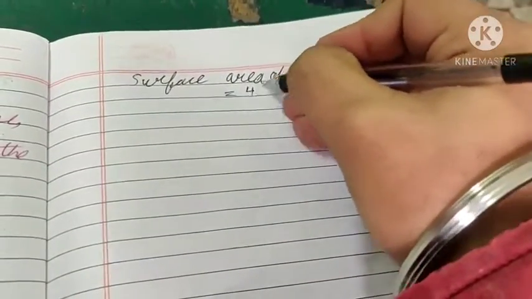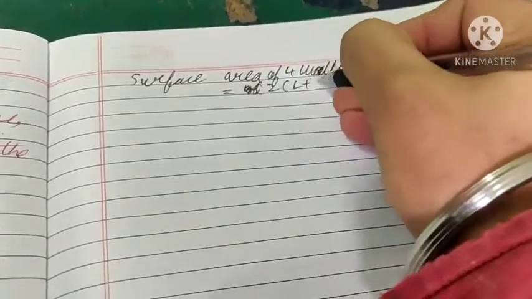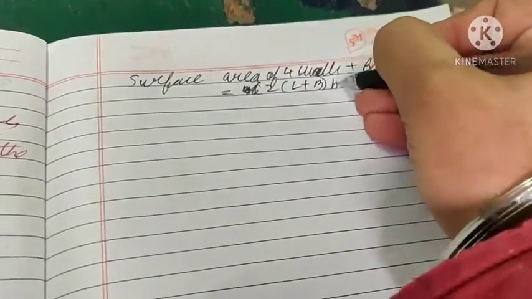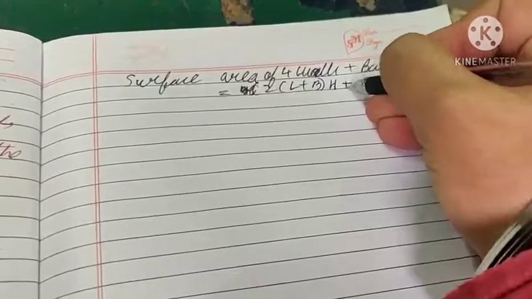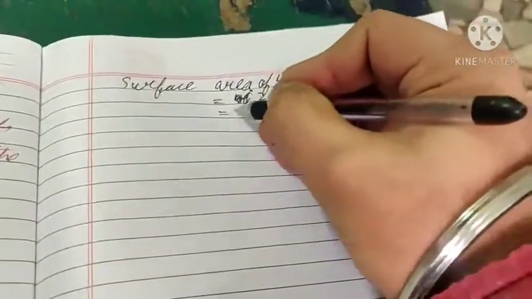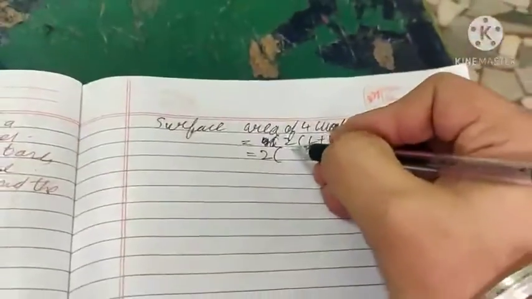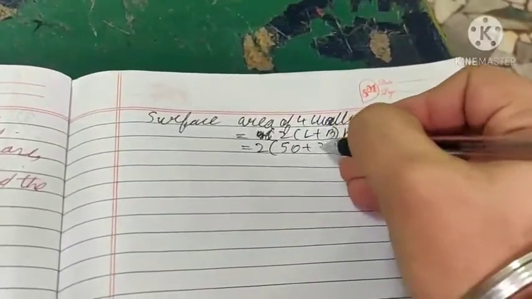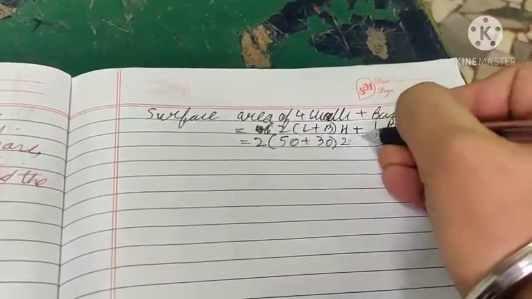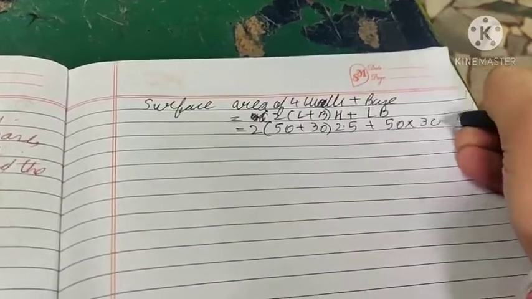Area of 4 walls was 2(L plus B) H, plus base area, which is length into breadth. So 2, here length is 50, breadth is 30, into height which was 2.5, plus length 50 into breadth 30.